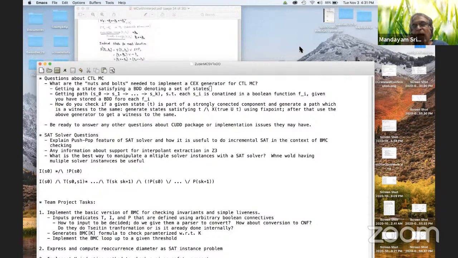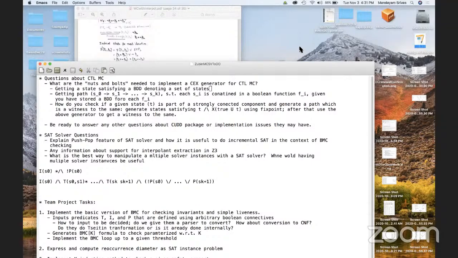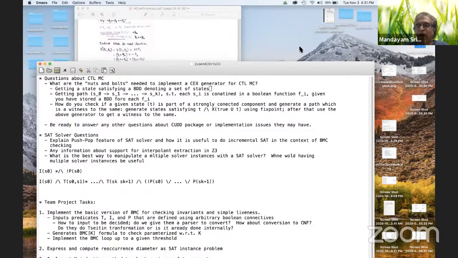And then you have to get the successor state of that, of something which is in the intersection of I and tau 2. So you will do I intersection tau 2 and T.